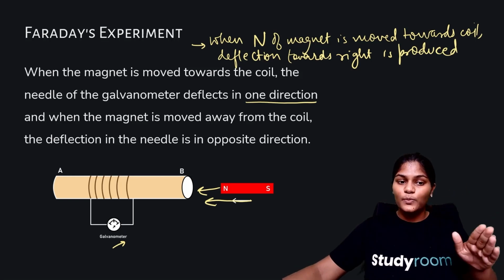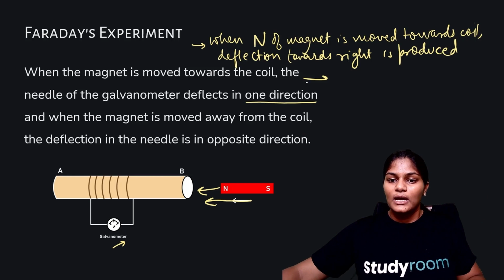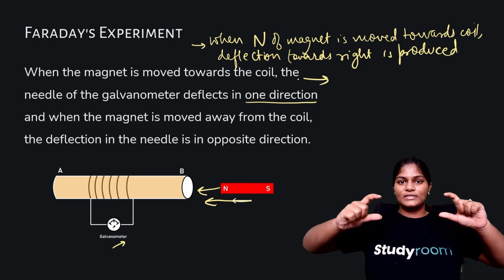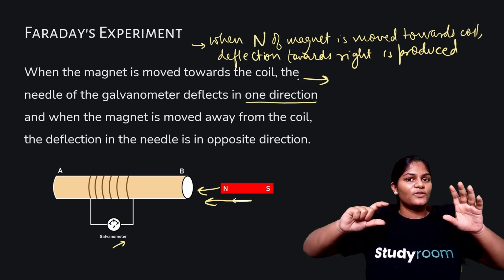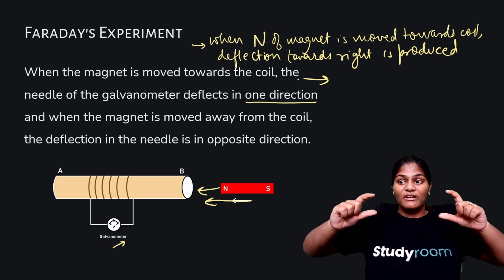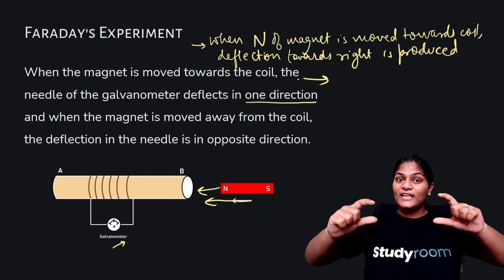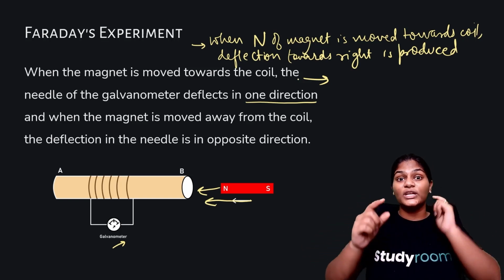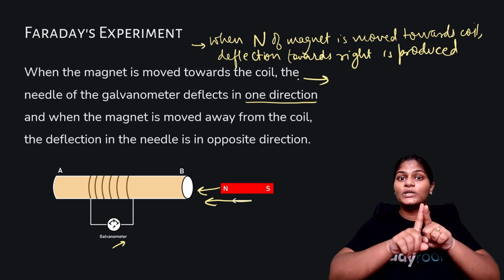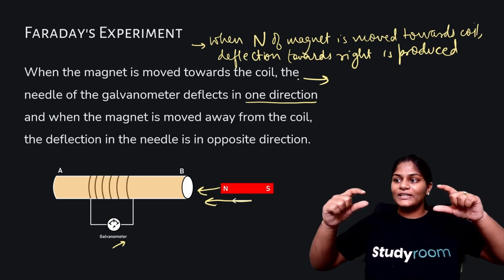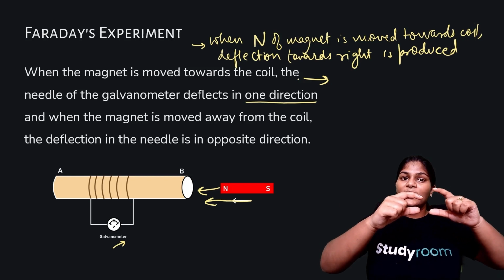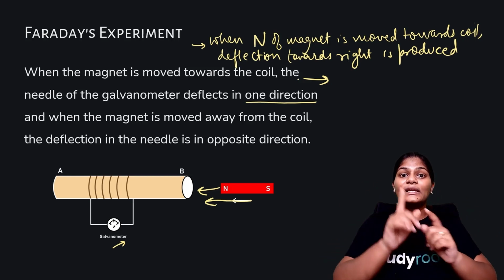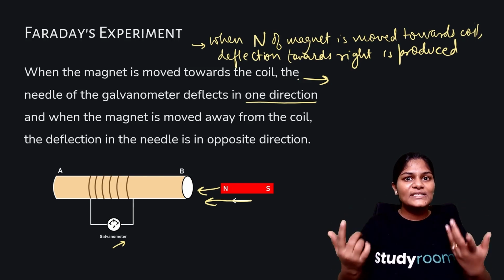Then what we saw was, first we kept the magnet and coil stationary away from each other, no deflection, so no current. When we took the north pole closer, as soon as we moved the magnet closer, there is a deflection towards the right. But when we take it closer and stop it there, there is just one quick deflection and the galvanometer needle comes to zero again. What does that mean?